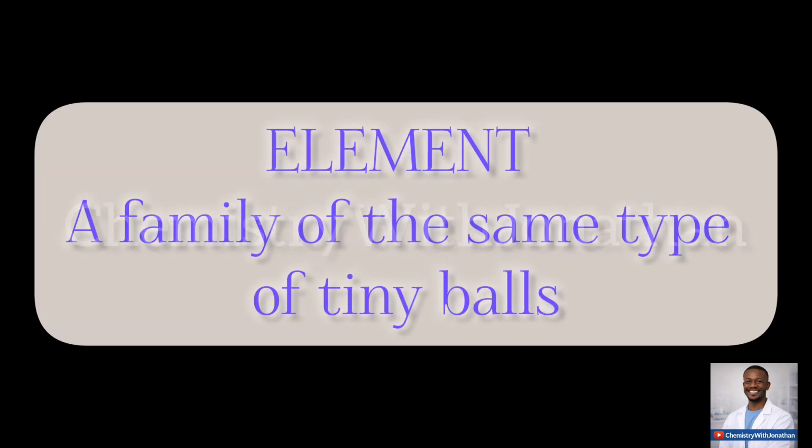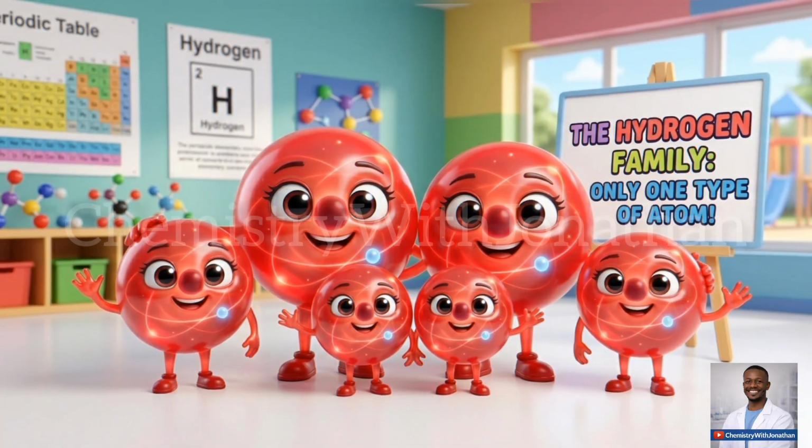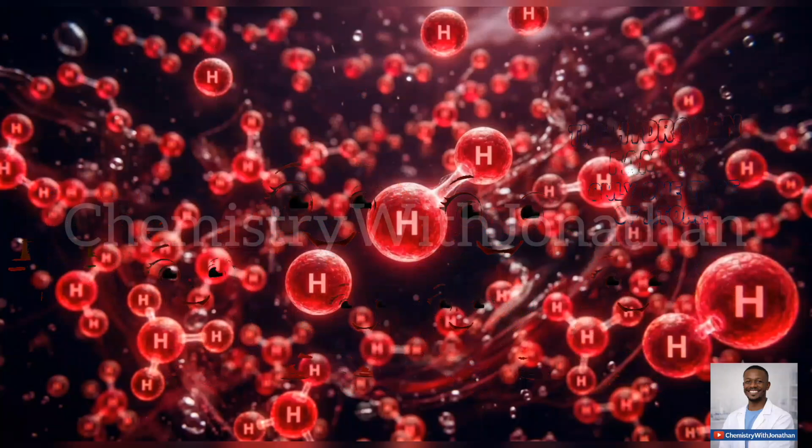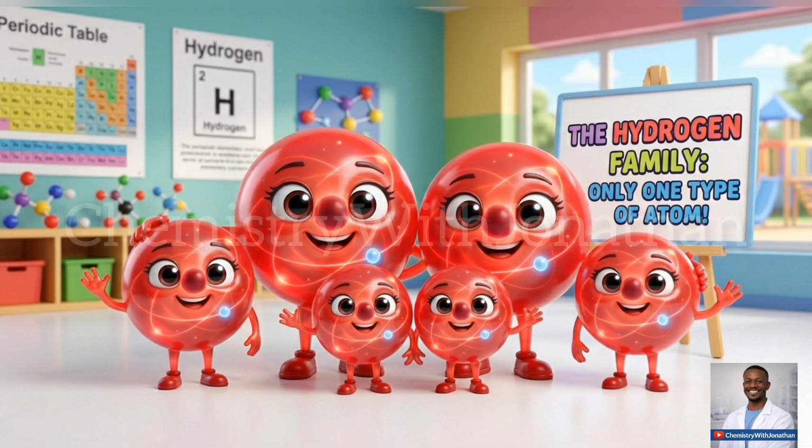Element, a family of the same type of tiny balls. Halimatu hydrogen has many siblings who look exactly like her. They all form the hydrogen family. A family of the same type of tiny balls is called an element.